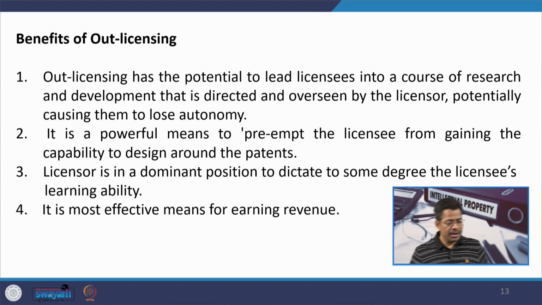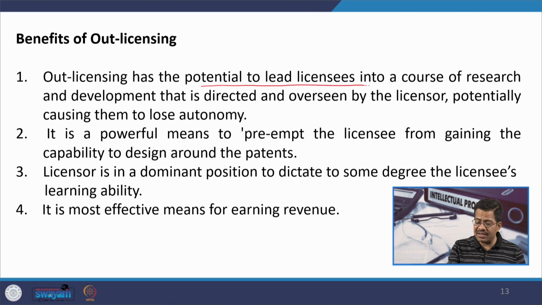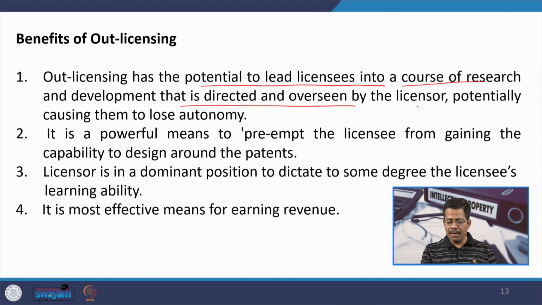What is it? So, out licensing has the potential to lead licensees into a course of R&D that is directed and overseen by the licensors, potentially causing them to lose autonomy. Then it is a powerful means to preempt the licensee from gaining the capability to design around the patents.